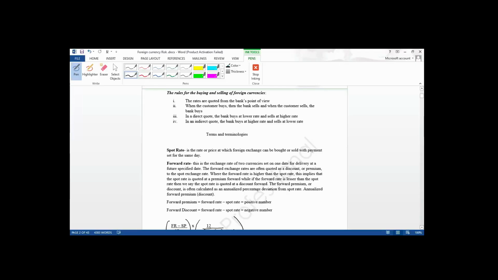Spot rates: the rates for immediate foreign transaction. For example, if you are to buy dollar now, the exchange rate between naira and dollar now is called spot rate.